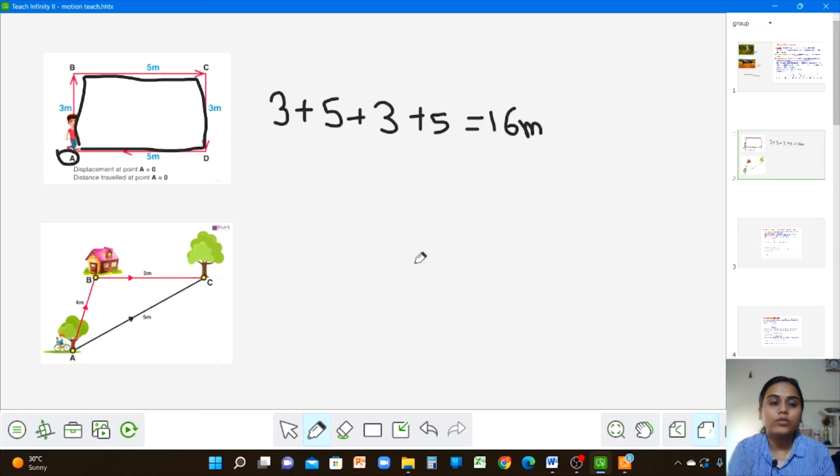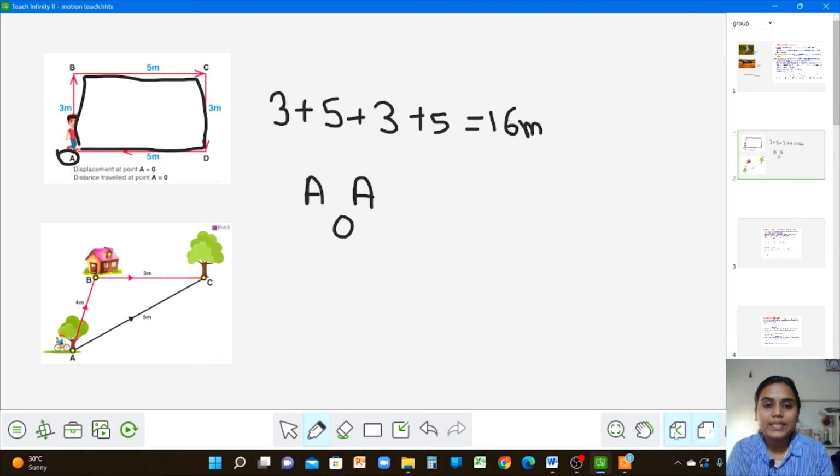In this case, as you can see, that boy is moving from initial position A and comes back to the point A. So the final position is again A. A and A both are the same position and the distance between these 2 points is 0. So we can say that the displacement traveled here by the boy is 0 meter.